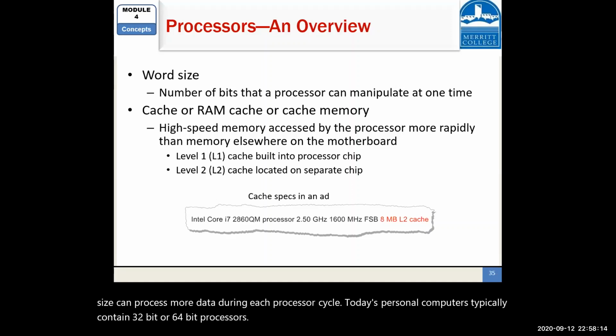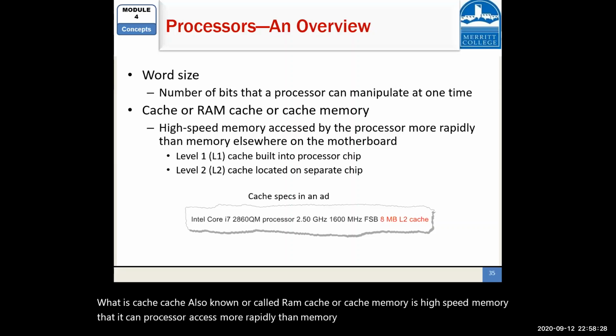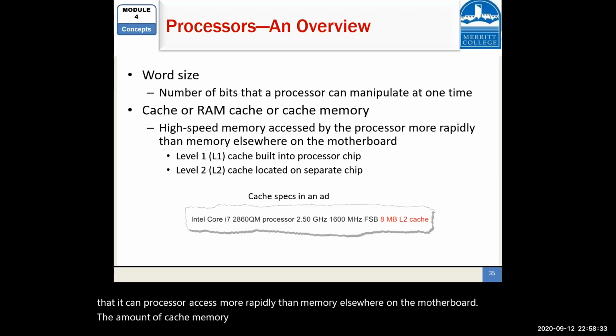What is cache? Cache, also called RAM cache or cache memory, is high-speed memory that a processor can access more rapidly than memory elsewhere on the motherboard. The amount of cache memory as well as its location affects performance.